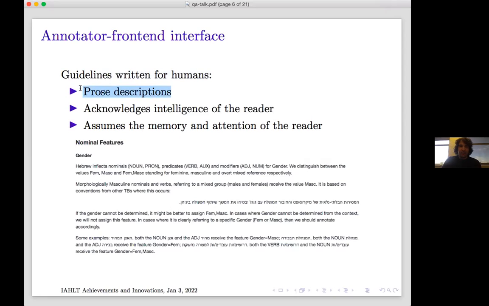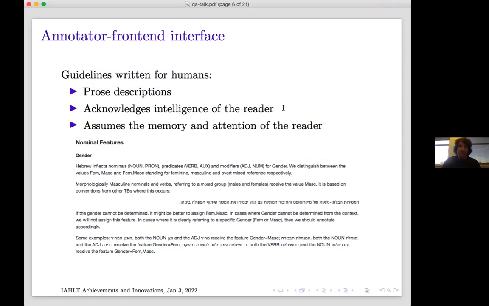These include prose descriptions, and it assumes that the reader is able to make inferences and to make clever leaps of imagination. But it also assumes that the reader has amazing memory and attention, and that they're never going to make a mistake or forget a guideline or anything.